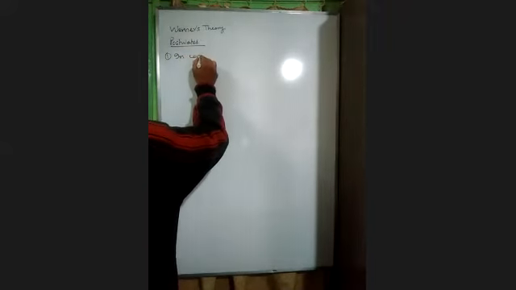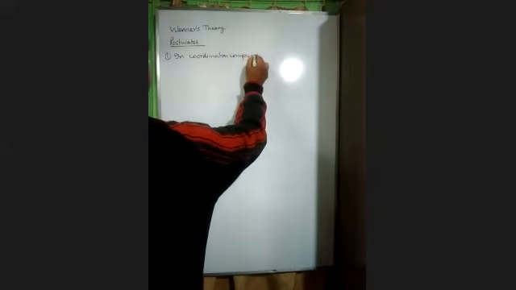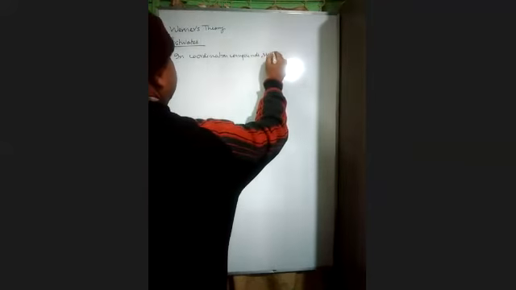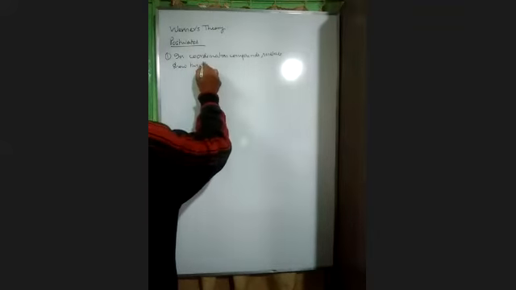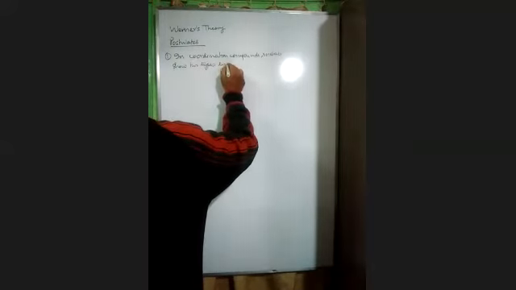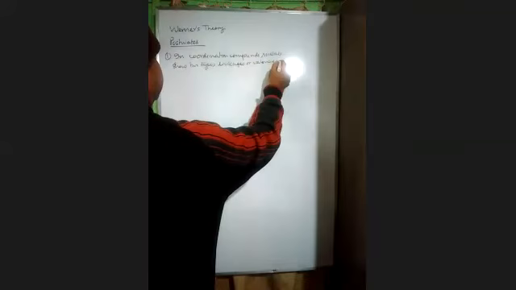In coordination compounds, metals show two types of linkages or valencies. See here, very interesting.